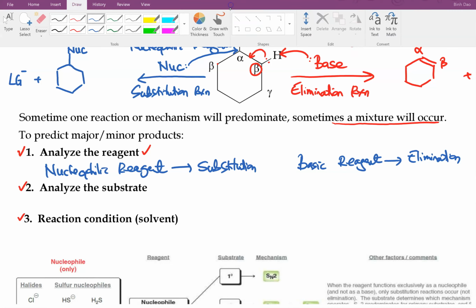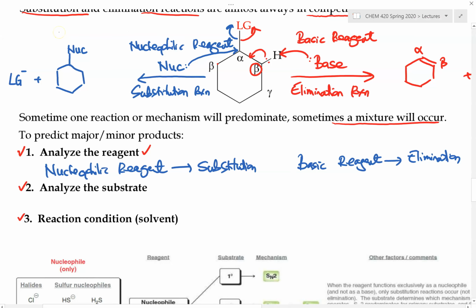Now, let's analyze the next factor. We have seen already that substitution reaction can proceed through either an SN1 or an SN2 mechanism. And similarly, the elimination reaction can also proceed through an E1 or an E2 reaction mechanism.